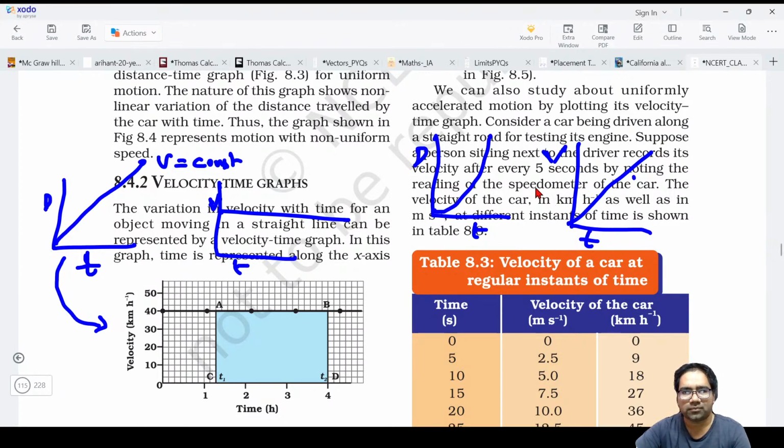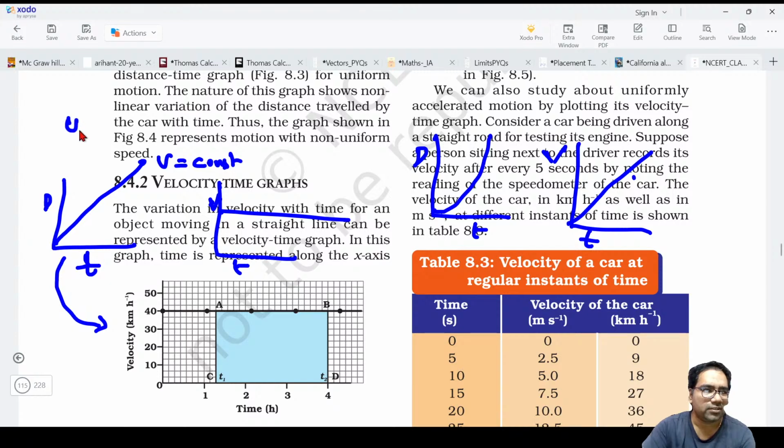No, I'm asking in general. In most of the cases that you get, they are uniform accelerations only. I'm saying in the distance time graph, uniform motion, and in velocity time graph, uniform acceleration look same, right?